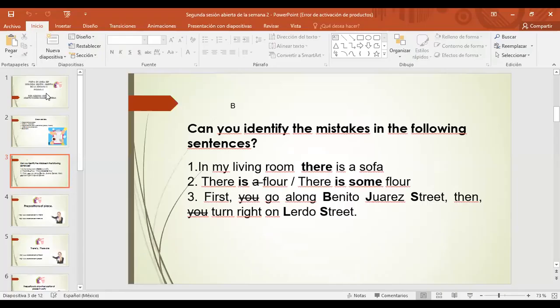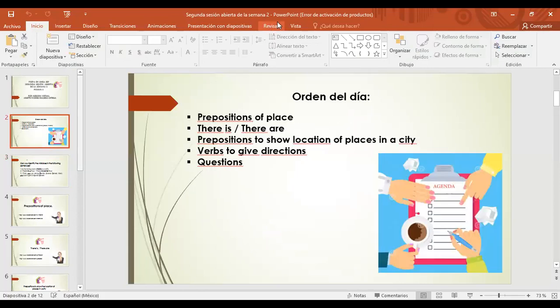But first, I would like you to tell me if you can identify some mistakes, guys. I stopped sharing the screen because I want you to identify mistakes in the following sentences. Errores en las siguientes oraciones.